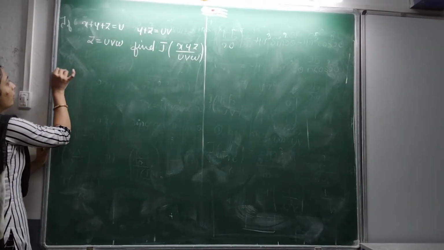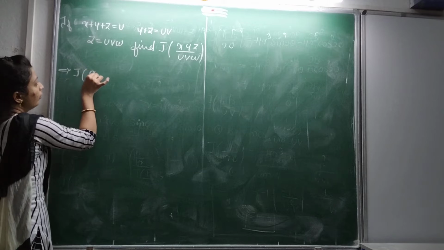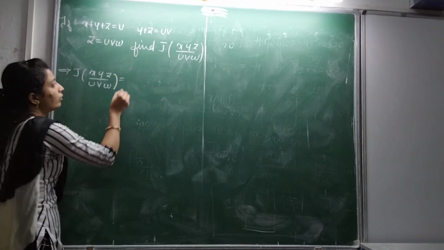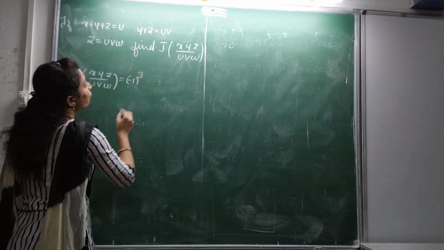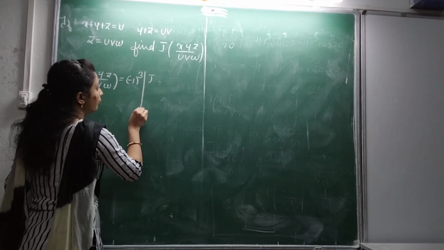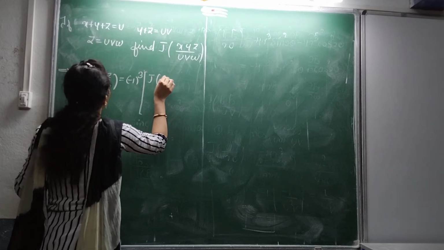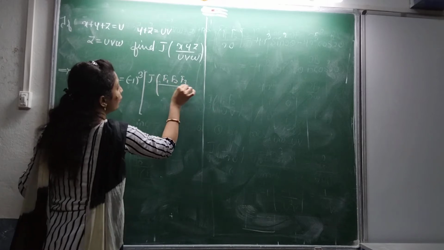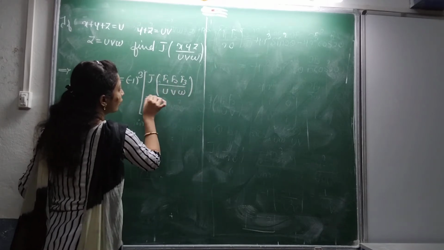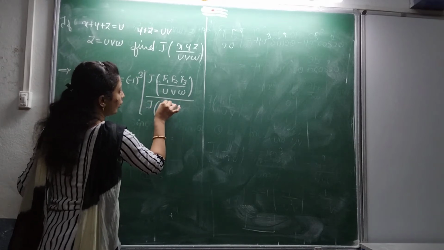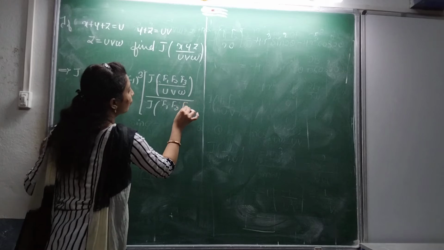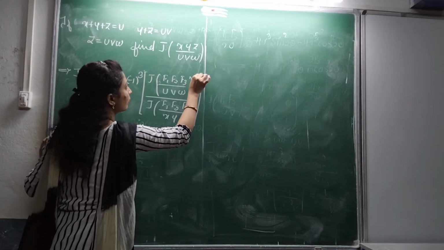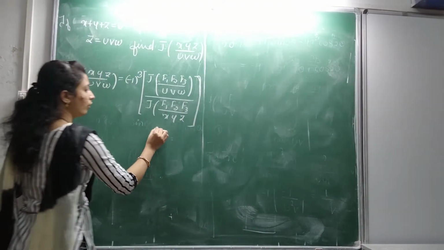Here we write this as Jacobian of (x,y,z) with respect to (u,v,w) is equal to, here we have 3 variables, so this can be defined as (-1)³ times the Jacobian of (f1,f2,f3) with respect to (u,v,w) divided by the Jacobian of (f1,f2,f3) with respect to (x,y,z). Call this equation 1.